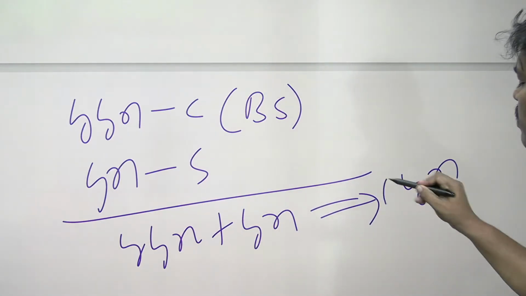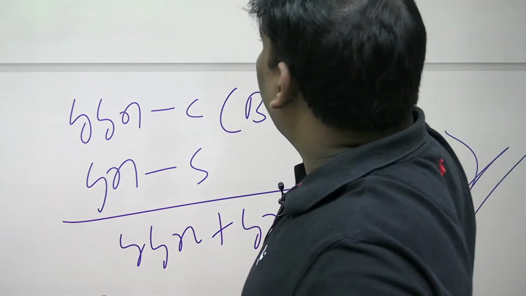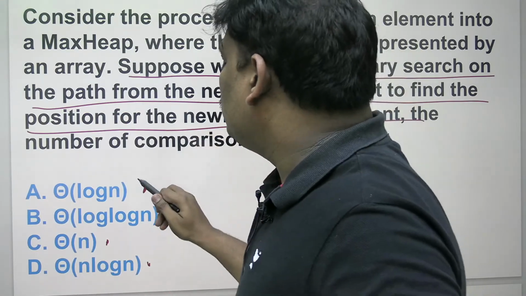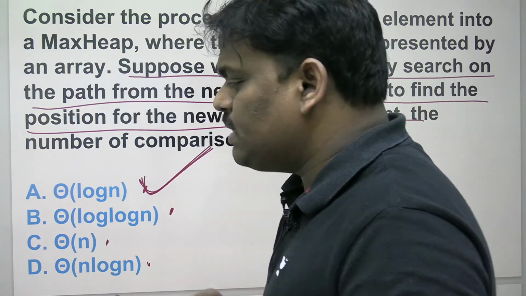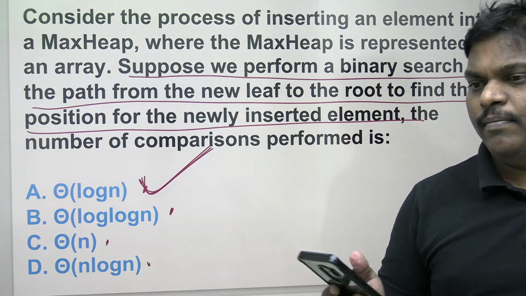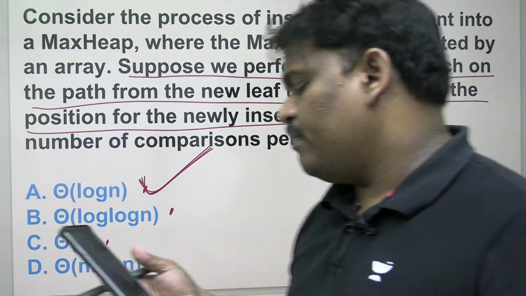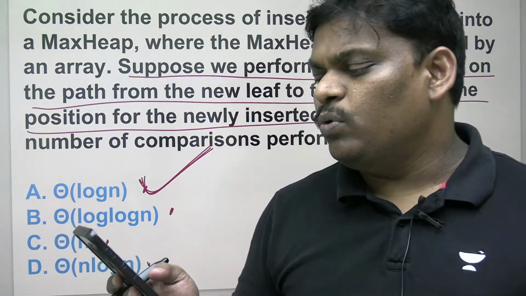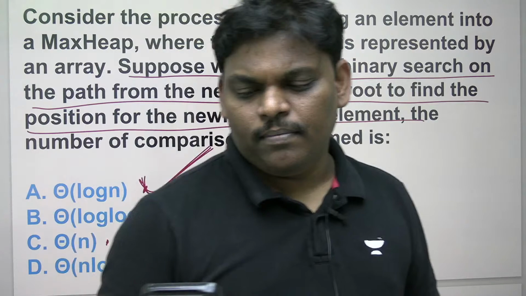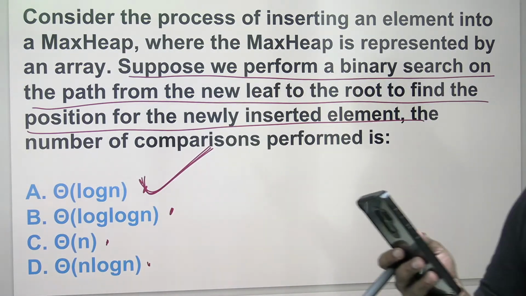So remember, time complexity is still log n. If you apply binary search also, time complexity is log n only, because comparisons are improved, but swaps are same.